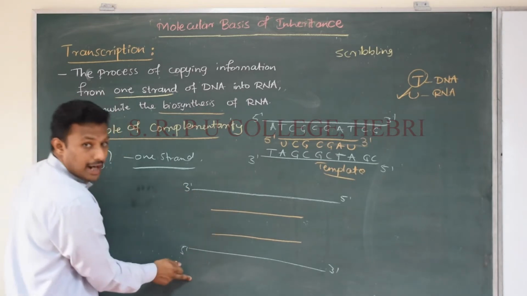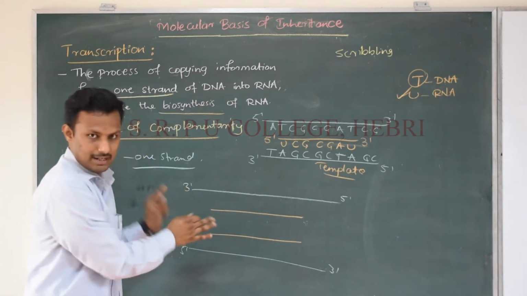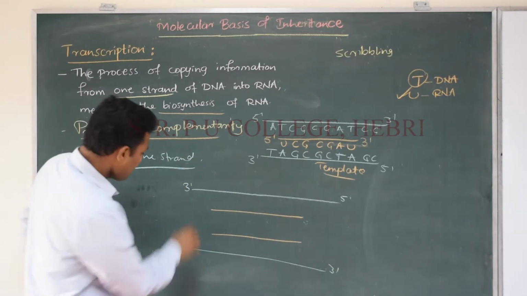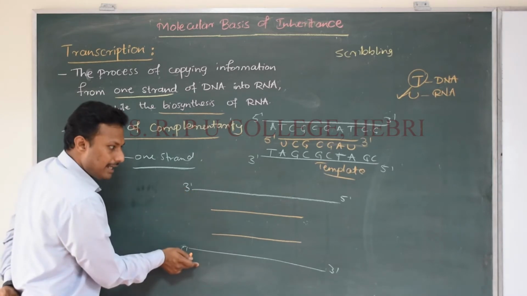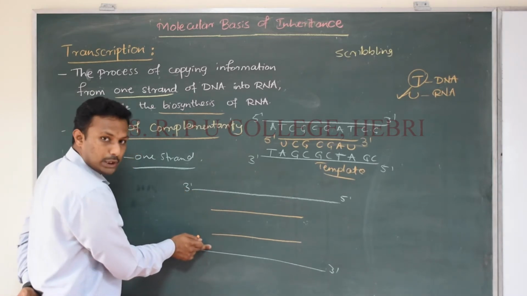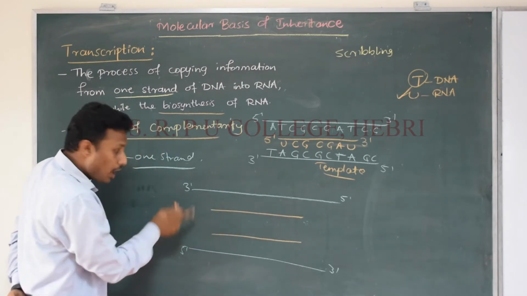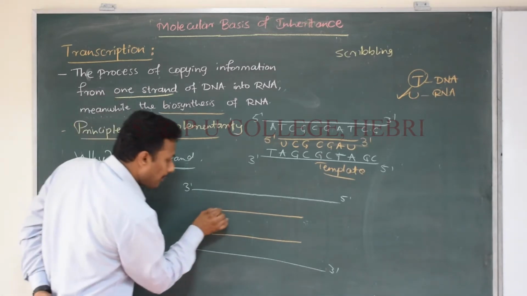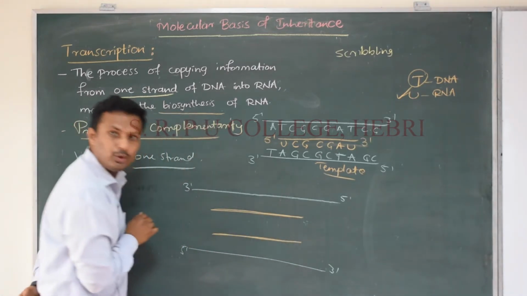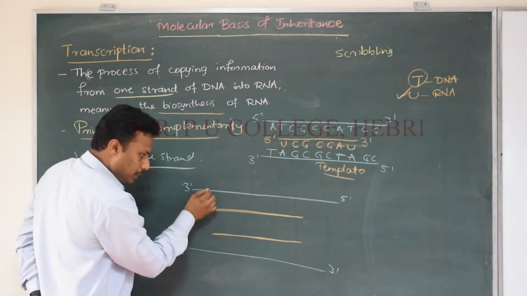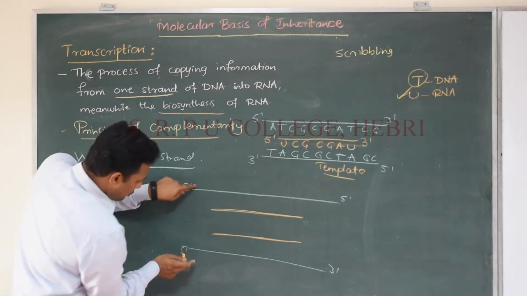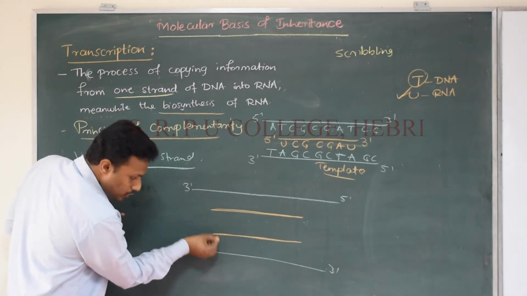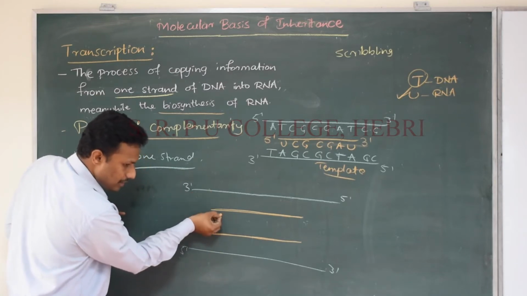This is just a hypothesis, this is not actually happening. We are trying to understand why two strands are not involved. So if both the strands of the DNA produce one new strand of the RNA, or transcription is occurring on both the strands of the DNA, in that case what might happen is what we are trying to understand now. So this will produce this one, and this will produce this one. This is complementary to this, and this is complementary to this. Let us see how it is.